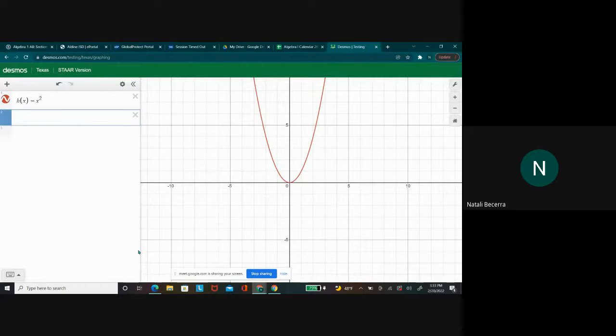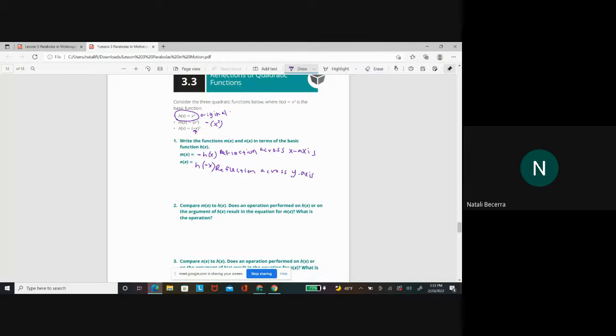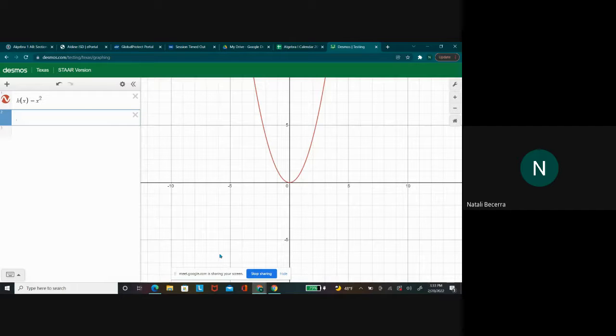That was h of x equals x squared. And let's do m of x equals negative h of x. As you can see, this reflected across the x-axis, so it went down, right?